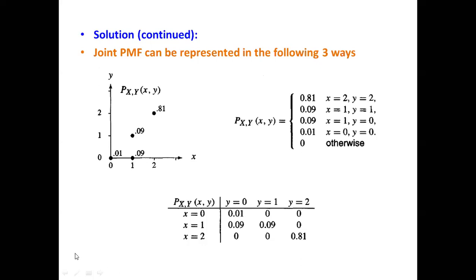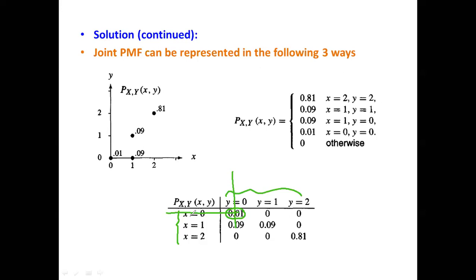Okay. So we were talking about three different ways to describe the joint PMF. The third way is something like we will record all the x, also we will write all the y, and then this one is the corresponding value of the first column and first row.